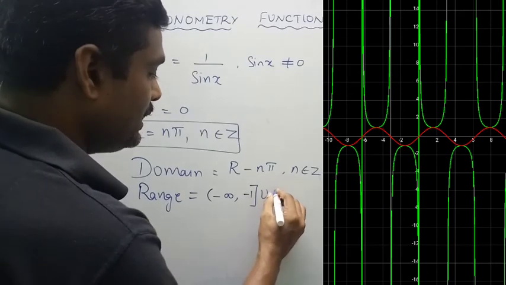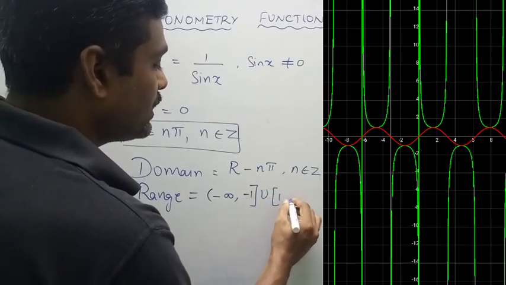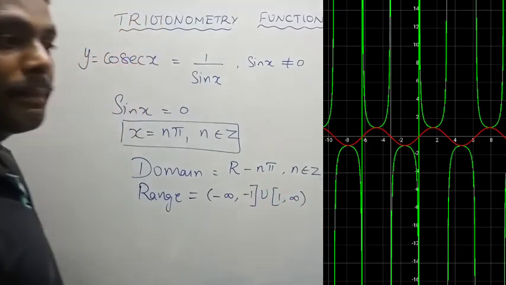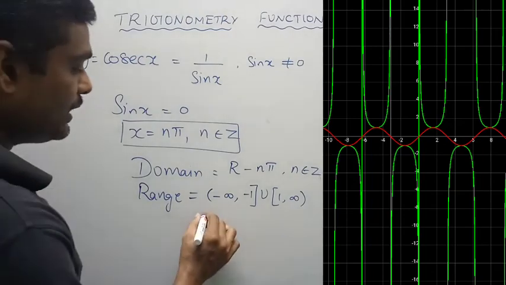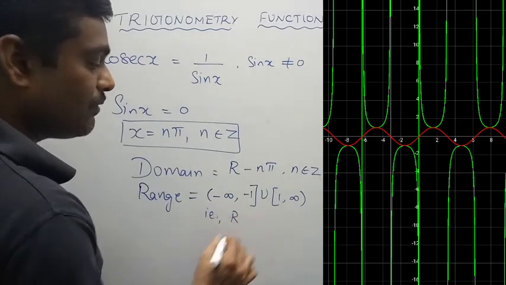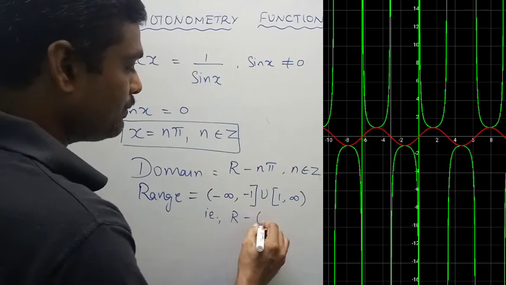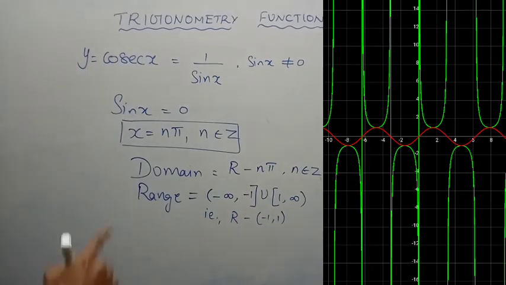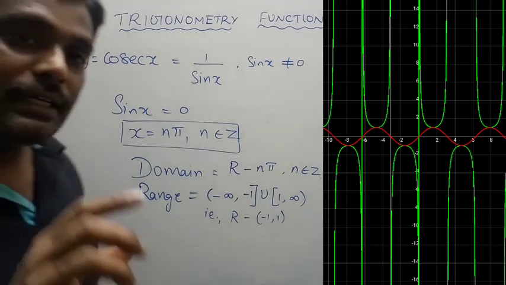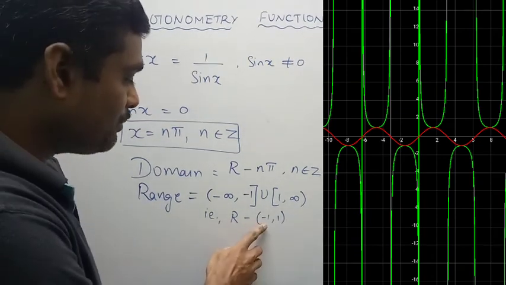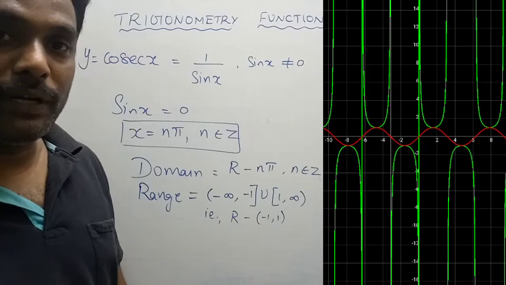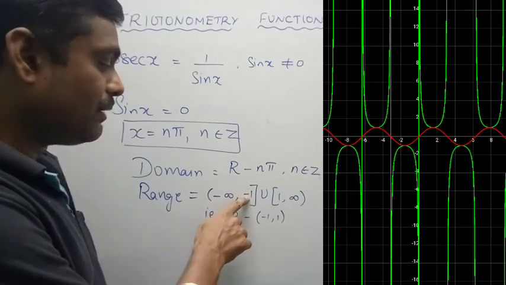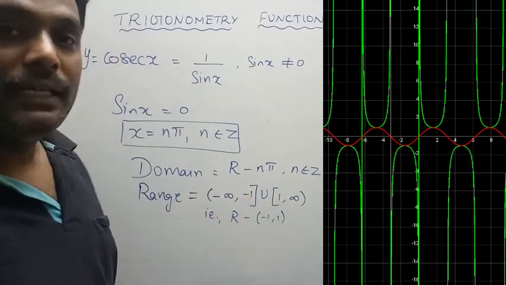And it starts from 1 comma infinity. Is it clear? So that is the set of all reals except minus 1 and plus 1. You can represent the range as the set of all real numbers except minus 1 and plus 1, in open interval form: minus infinity comma minus 1, and 1 comma infinity.